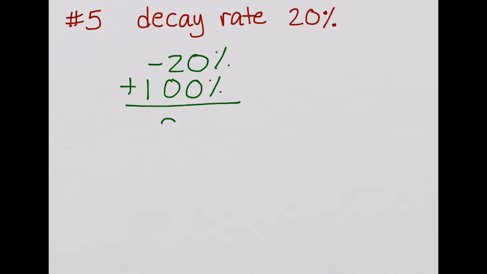I'm going to add 100%, but because my rate was a negative, this time the answer will be less than 100%. When it was growth rate, we got a number more than 100%. So if I am losing 20% of something, I am keeping 80% of it. And if I were to divide that by 100 to just write it as a decimal, it would be 0.8. And that is my decay factor for number 5.